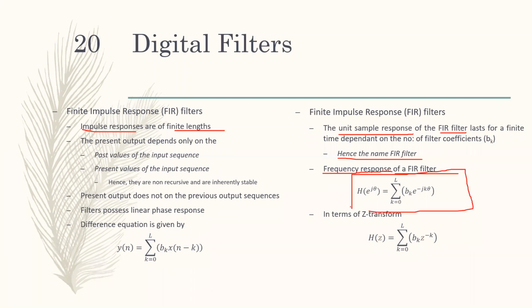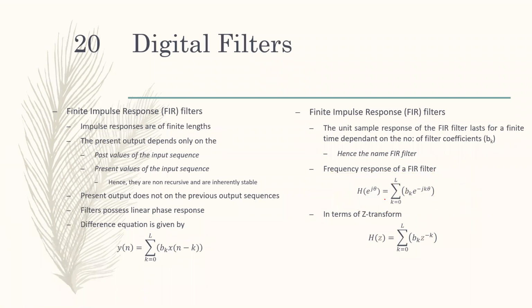If I have identified the coefficients and want to see the frequency response of this filter, this is the equation I use to estimate it. Here it is H of e raised to j theta, and since I have coefficients from 0 to L, I'll have only those many terms. The remaining are all 0. Even if you write it up to infinity, the remaining terms are 0, so I'll not get any output from them. So I can limit it up to L, with e raised to minus j k theta, where theta is the digital frequency.